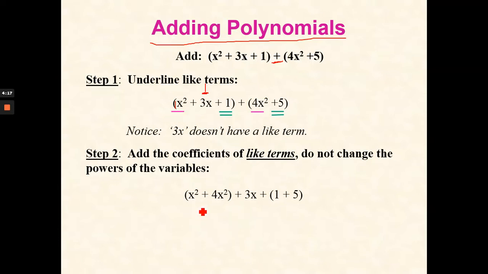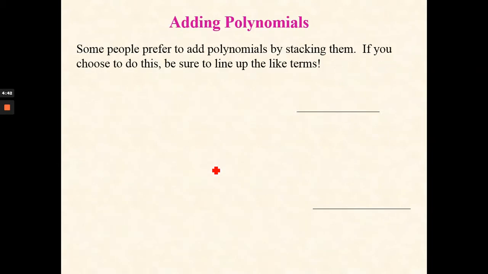So we have x squared plus 4x squared and then 1 plus 5. You now have 5x squared plus 3x plus 6. This is what we call the horizontal way of adding polynomials. Let us have another example.